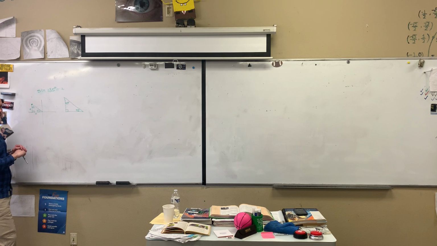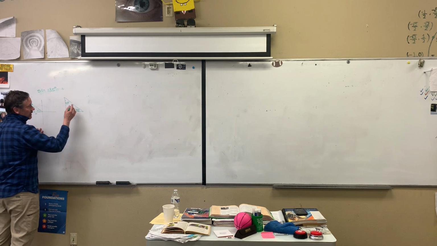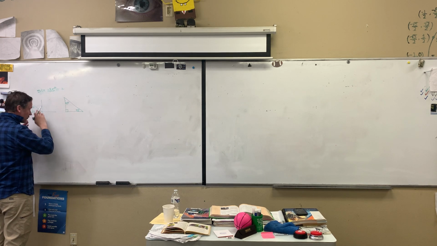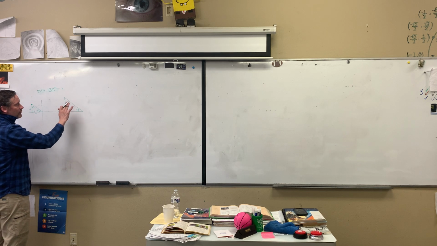All 45, 45, 90 triangles are going to have some sort of root 2 in them. Like we've discussed briefly, the easiest r value to deal with is 1. But if you're trying to do this longhand on a test, you could pick any value you want for your hypotenuse.